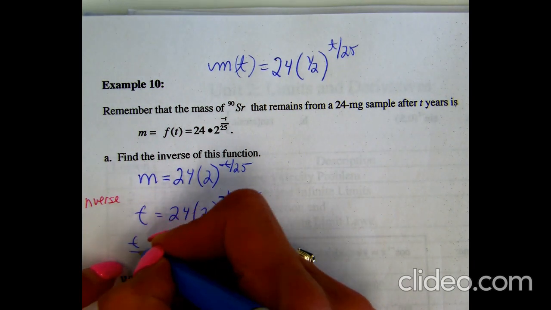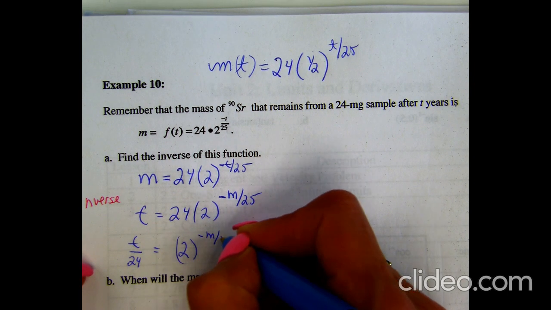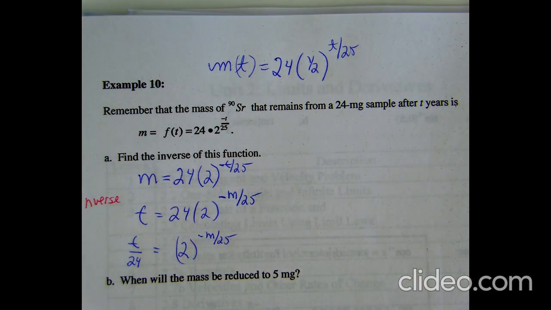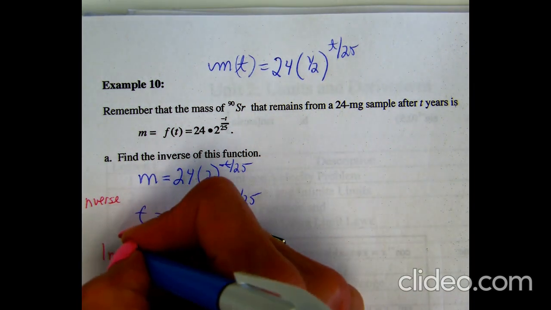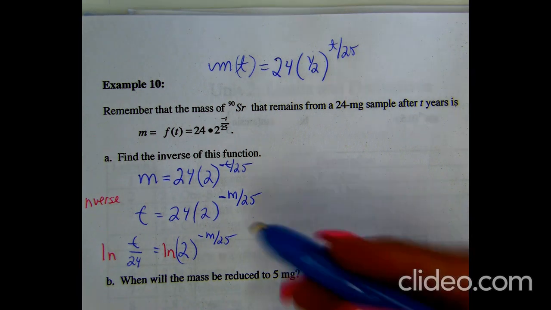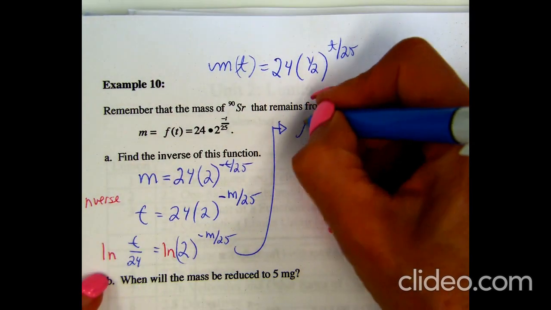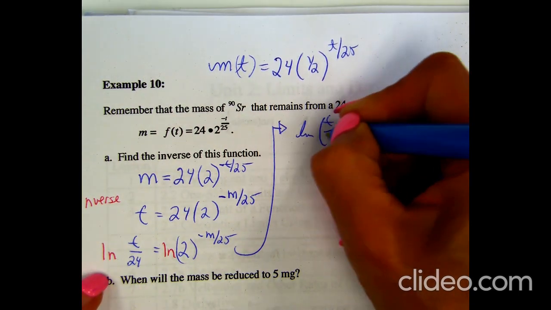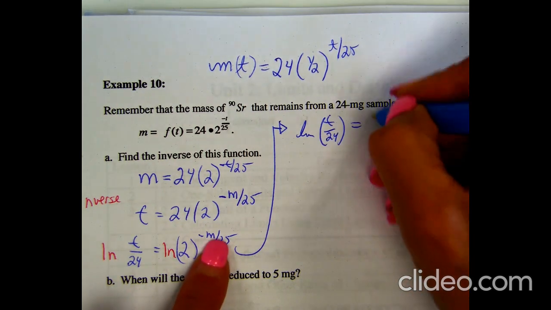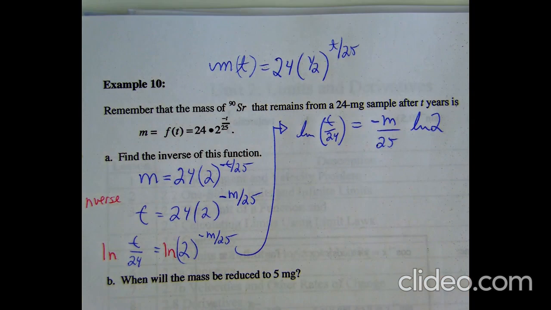T over 24 is equal to 2 to the power of negative m over 25. Solving for a variable in an exponent, we're now going to take the ln of both sides. A ln is a log. So ln laws, log laws, same thing. I've got the ln of t over 24 is equal to negative m over 25 times the ln of 2.